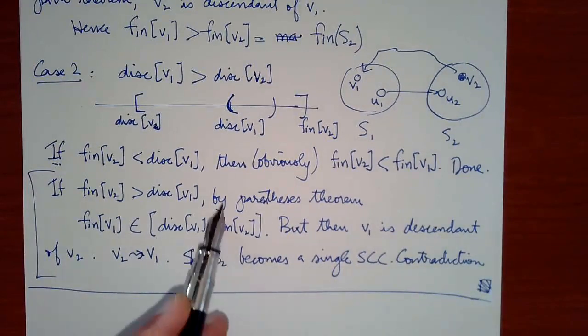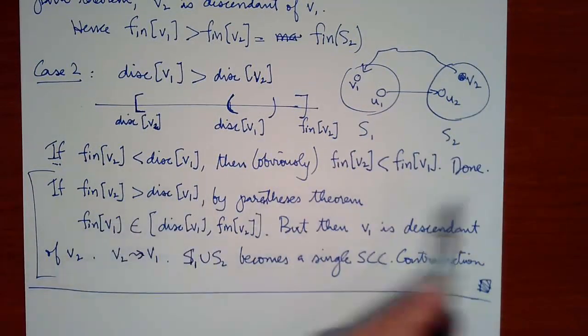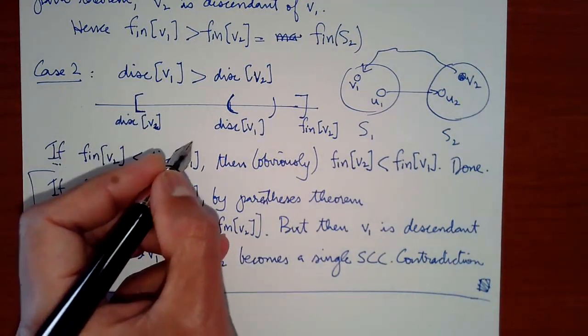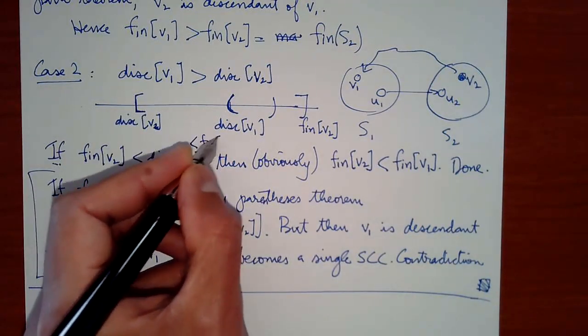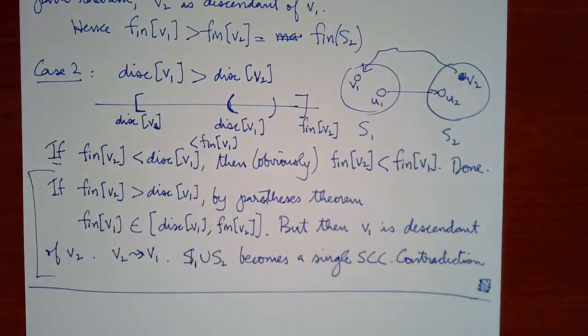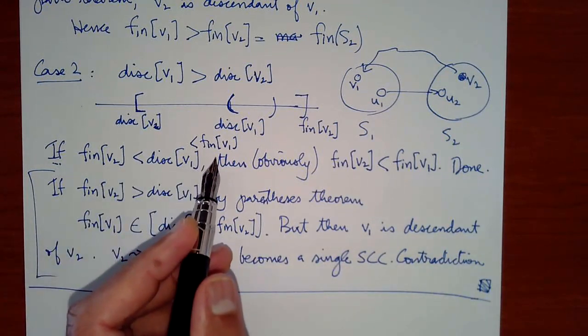In this case, this is enough. There is no step that's missing here. I'm just saying that this being less than the finish time is sort of obvious, right? Because the discovery is less than the finish. So the finish of V2 is less than the finish of V1.